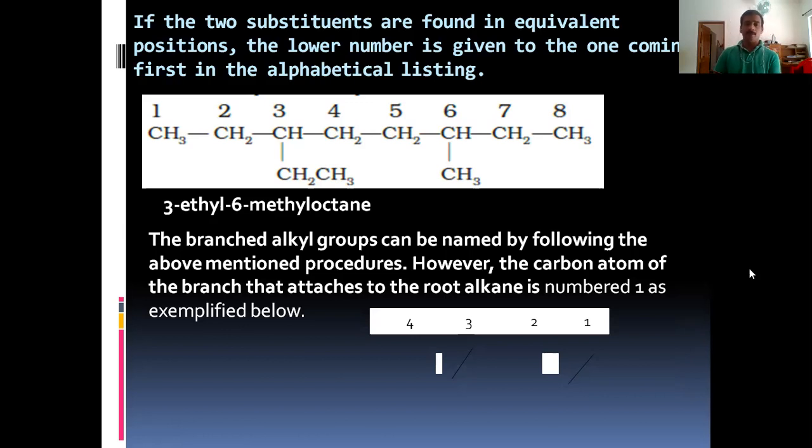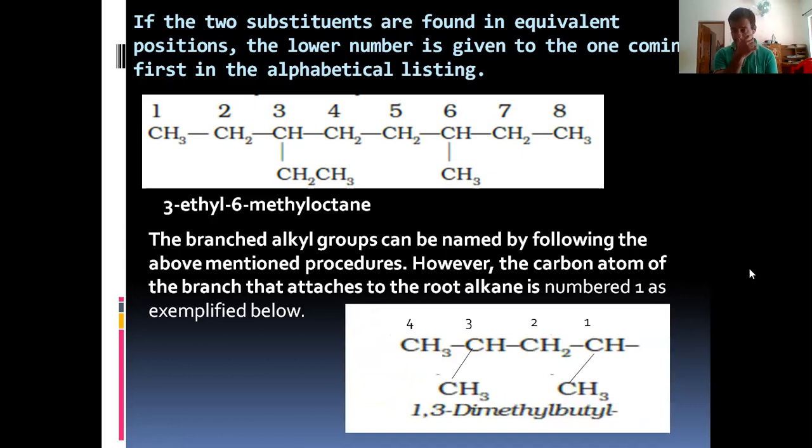That is a condition. The branched alkyl groups can be named by following the above-mentioned procedure. That means all the rules for the nomenclature of alkanes are applicable. But the carbon atom of the branch that attaches to the root alkane is number 1, as given below. This is an example.